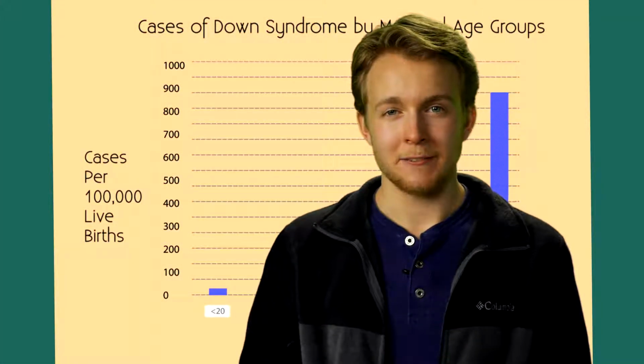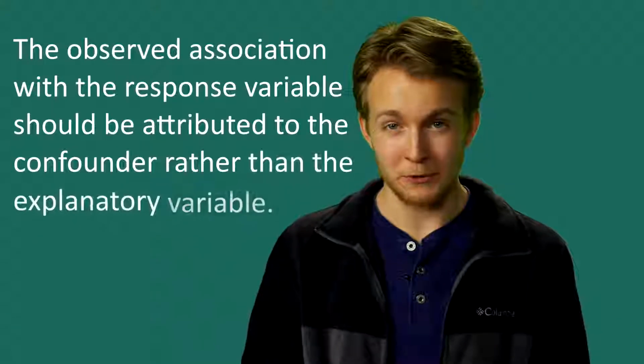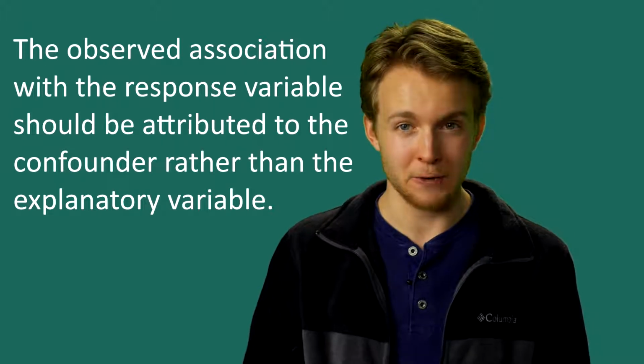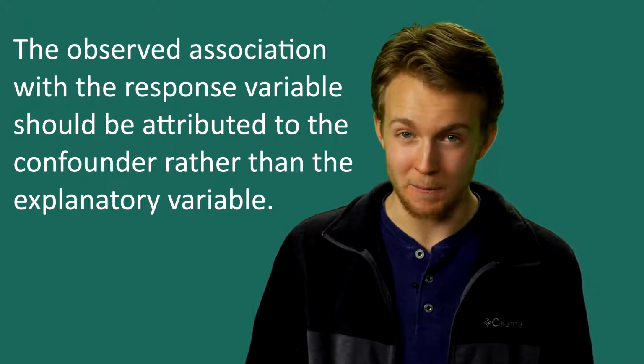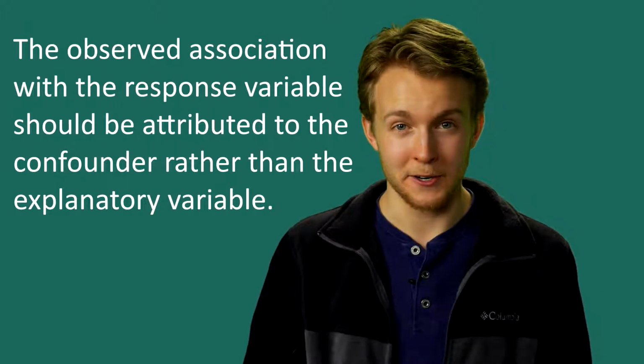Remember, in the case of a confounding variable, the observed association with the response variable should be attributed to the confounder rather than the explanatory variable. We test for confounders by including these third variables, or fourth or fifth, in our statistical models that may explain the association of interest.